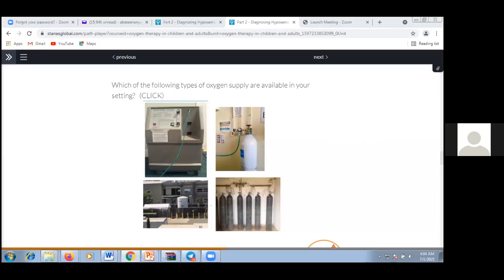So from this discussion, I want participants to go back to your institution and look into what different oxygen source modalities your institute is using and what you can improve in the future, depending on your oxygen consumption and oxygen requirement.